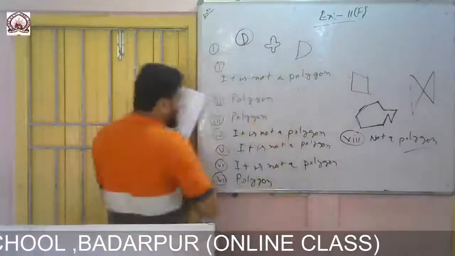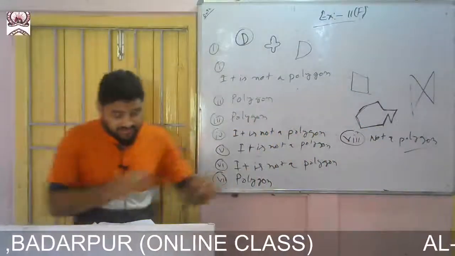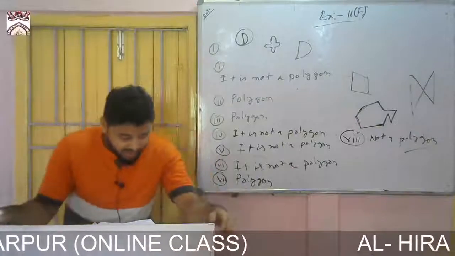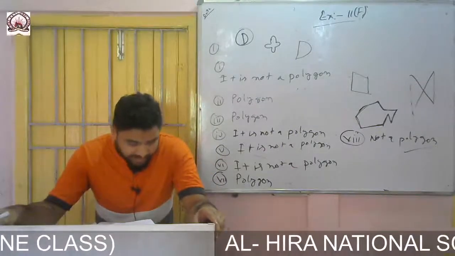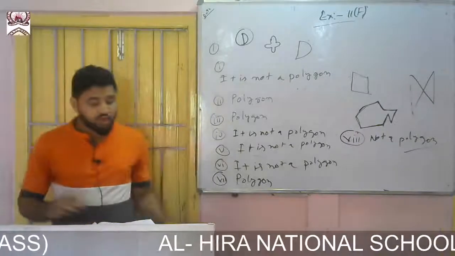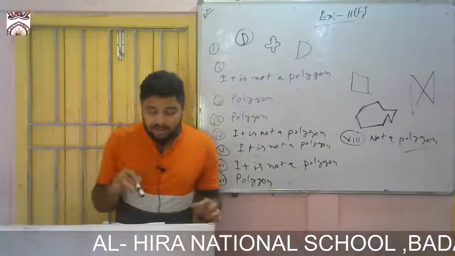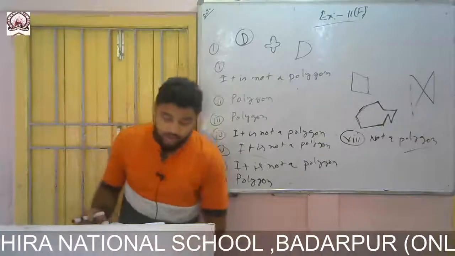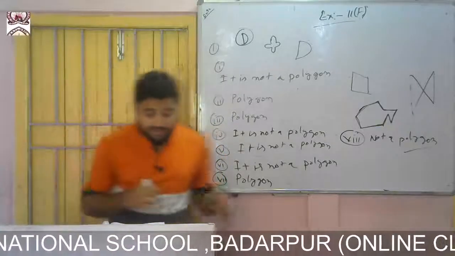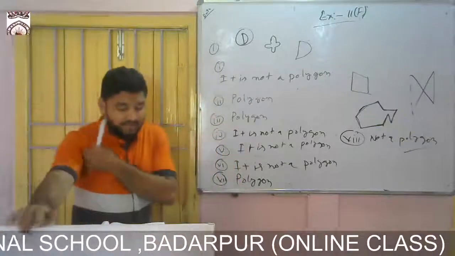So question number 1 finished. Now come to question number 2. Which of the following figures are polygons and why? Number one: one curved side is there, so it is not a polygon, because it has a curved side.